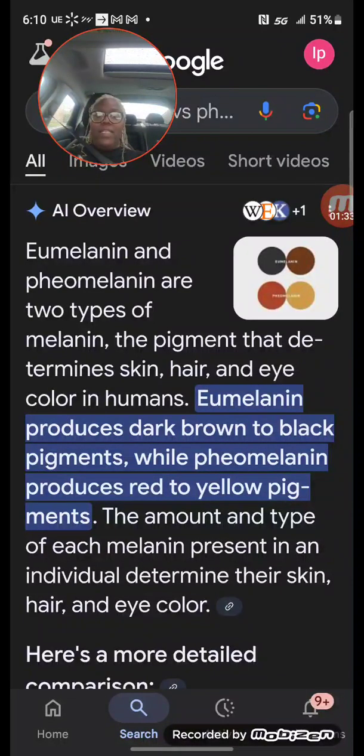Okay, so eumelanin and pheomelanin are two types of melanin, the pigment that determines the skin, hair and eye color in humans. Eumelanin produces brown, dark to black pigments, while pheomelanin produces red to yellow pigments. So I've given you all a spectrum, pointing towards the eumelanin and then the pheomelanin.